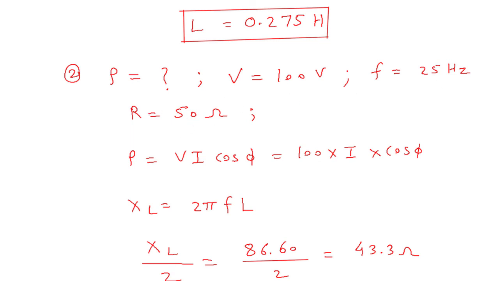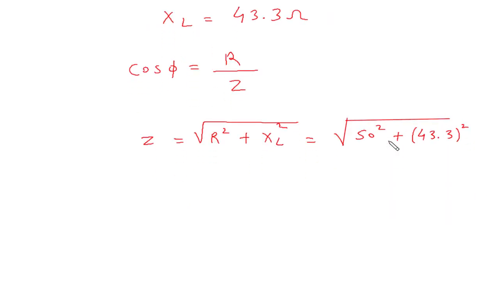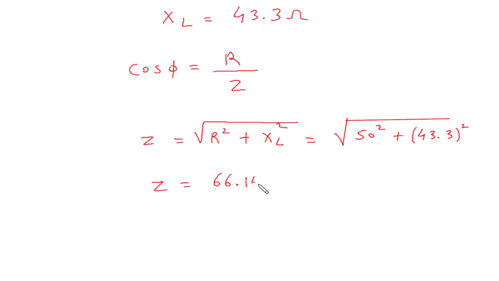R is 50 ohm, XL is 43.3. So Z is equal to under root of 50 square plus 43.3 square. So it is 66.14 ohm. Unit of impedance is ohm.